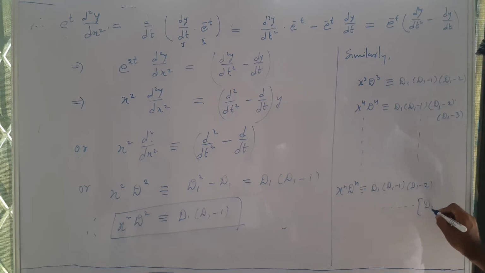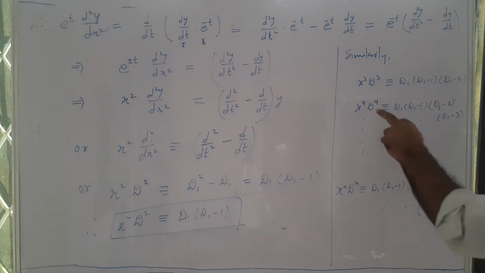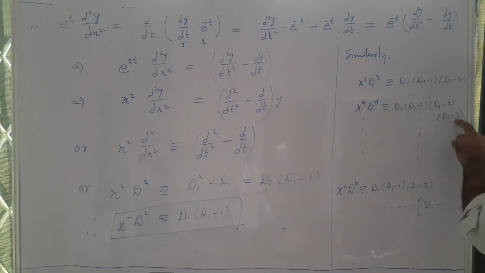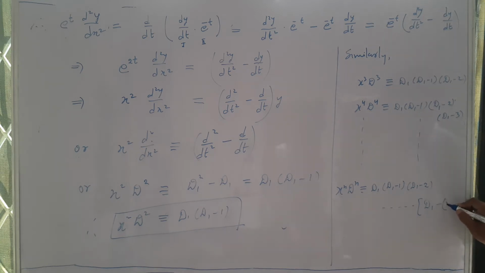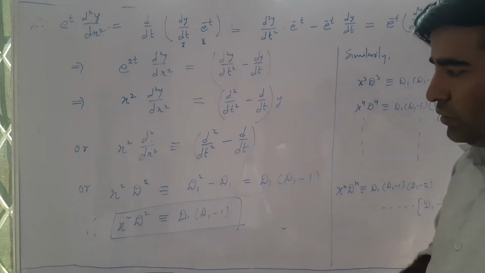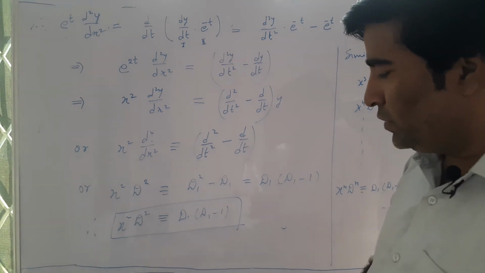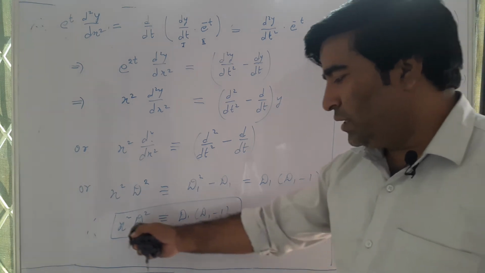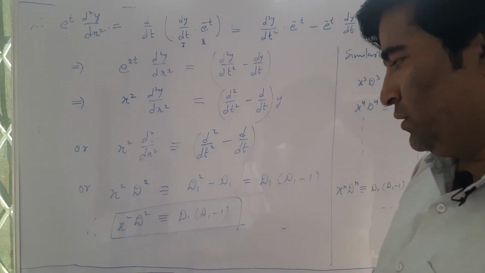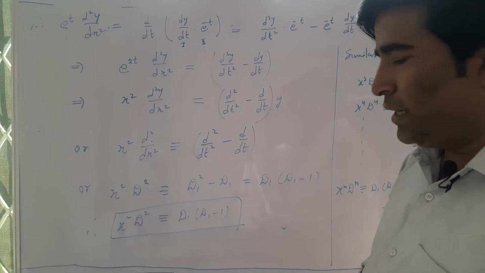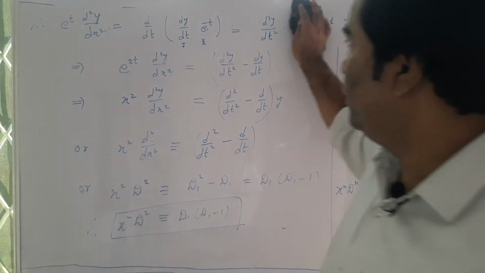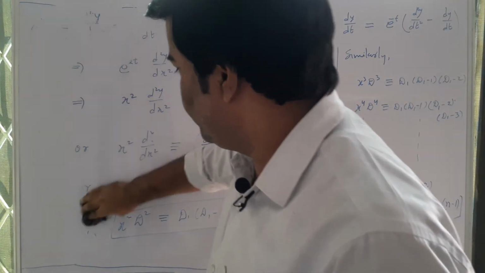The last factor: if we take 4 then we go up to 3. Similarly, we will go up to n minus 1. Actually, our differential equation contains x square D square and xD. So now we put these values.